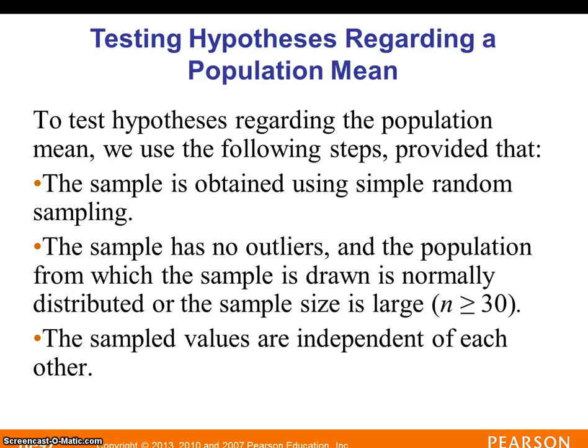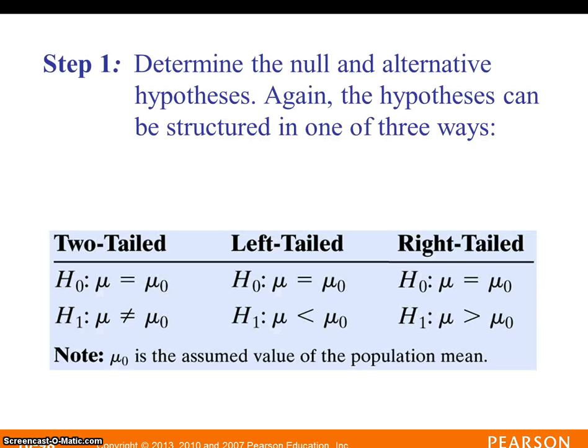To test hypotheses regarding a population mean, we have to make sure the following things hold: the sample is obtained using a simple random sample, the sample has no outliers, the sample size is greater than or equal to 30, and the sample values are independent of each other.